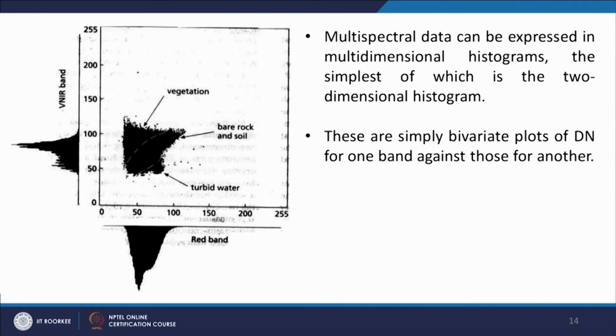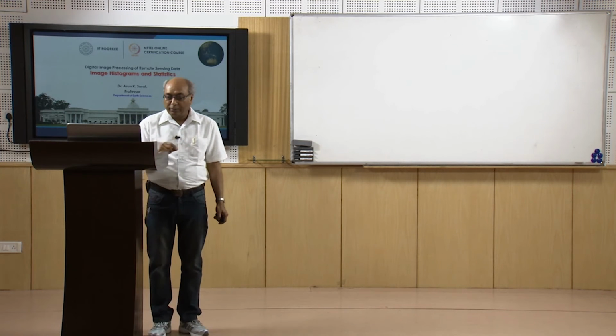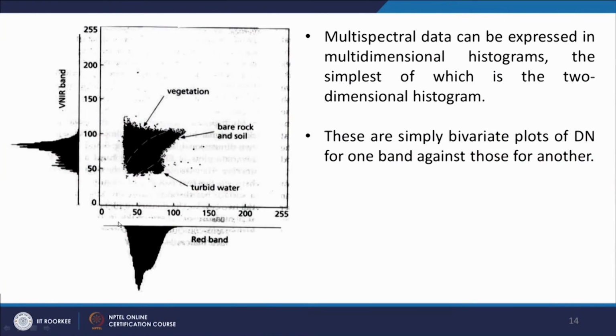In a scatter plot, instead of having bars like in a simple histogram for a single band, we now have points for each pixel value corresponding to another band. Suppose in this case you have a red band displayed on the x-axis and a very near infrared band displayed on the y-axis.